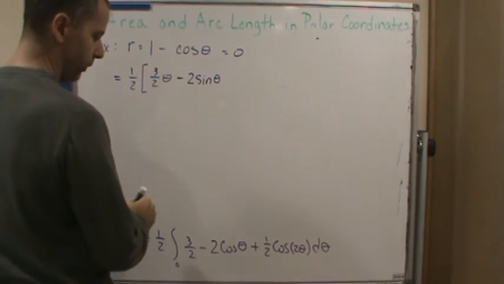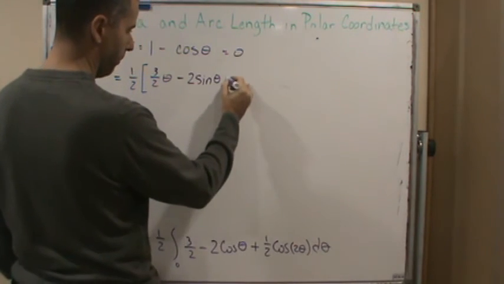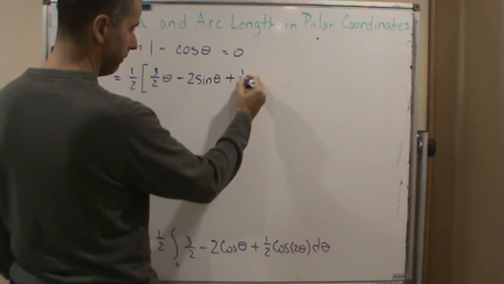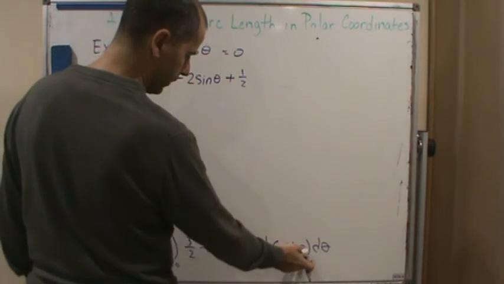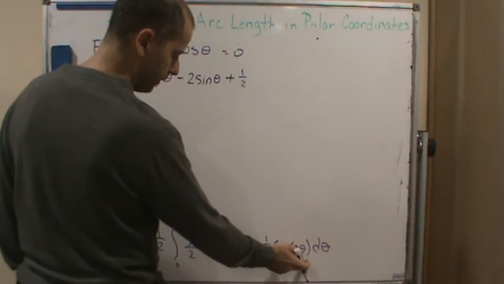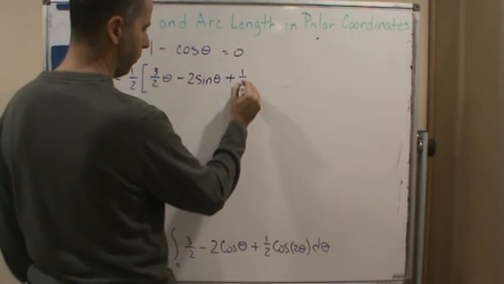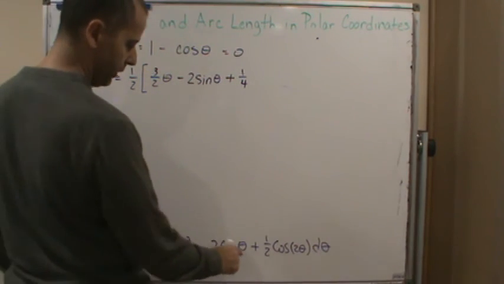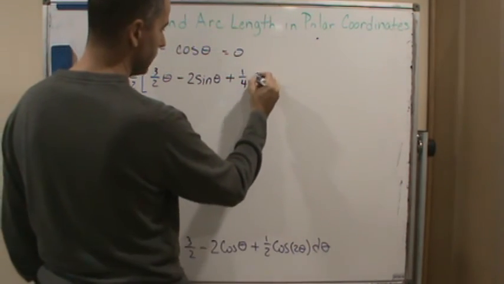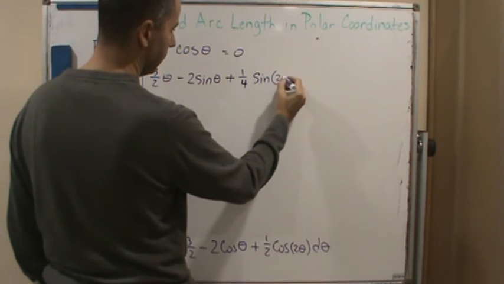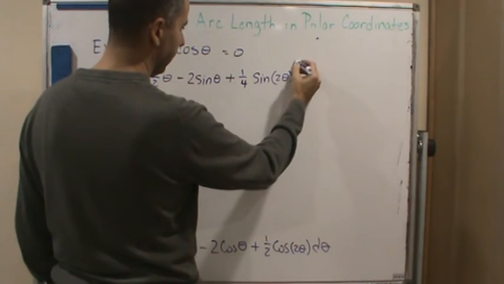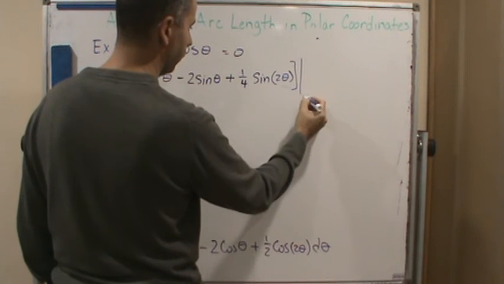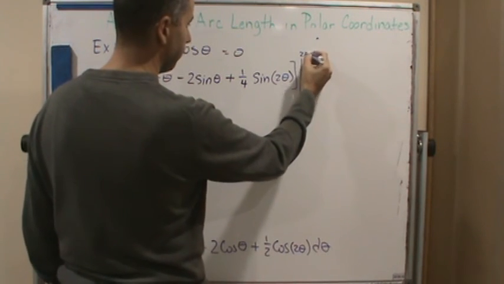And here we get plus 1/2 cosine 2 theta, so we're going to divide by the derivative of the inside. This is going to become 1/4 sine 2 theta, evaluated from 0 to 2 pi.